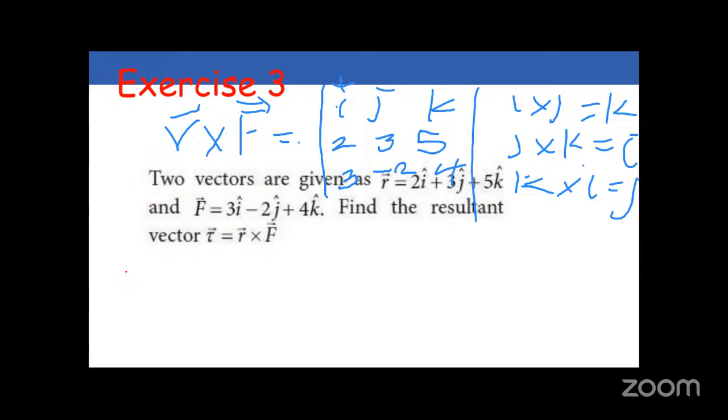So I will be 3 times 4, which is 12, minus, minus 2 times 5, which will give us minus 10.